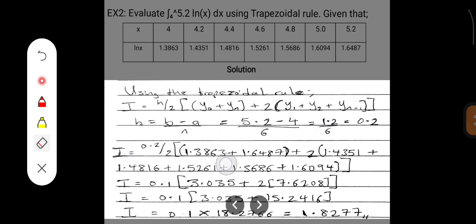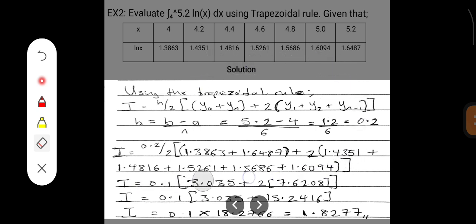Now we input this into the formula, I equals h over 2. Our h is 0.2 divided by 2, open bracket, our y subscript 0, that is the first ordinate, this is it here, we substitute it back, plus our y subscript n, the last ordinate, 1.6487, plus 2 open brackets, y subscript 1. Now we just fill in the values of y in between, starting from 1.4351 to 1.6094.